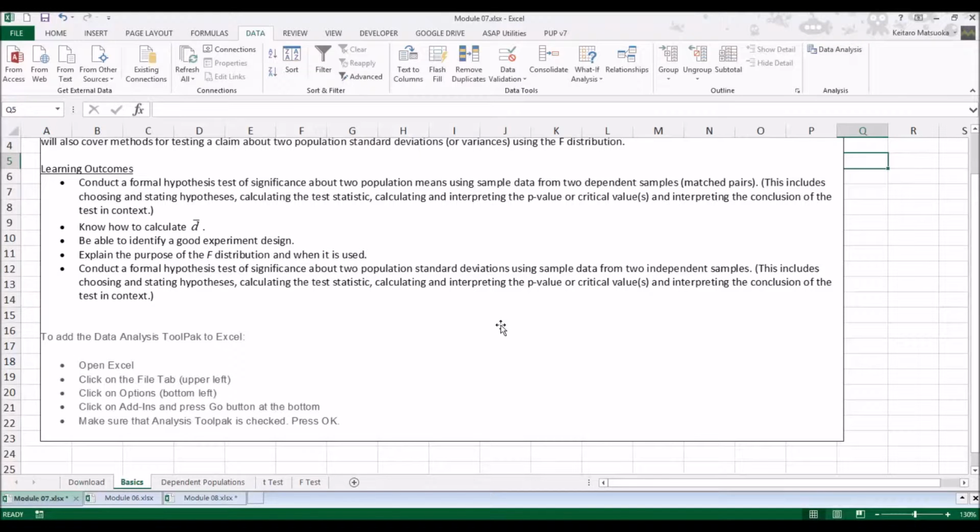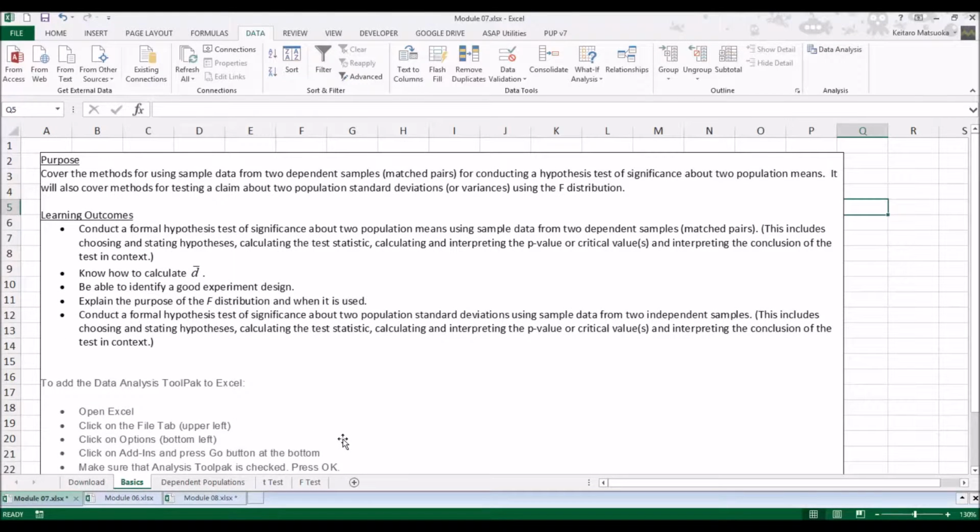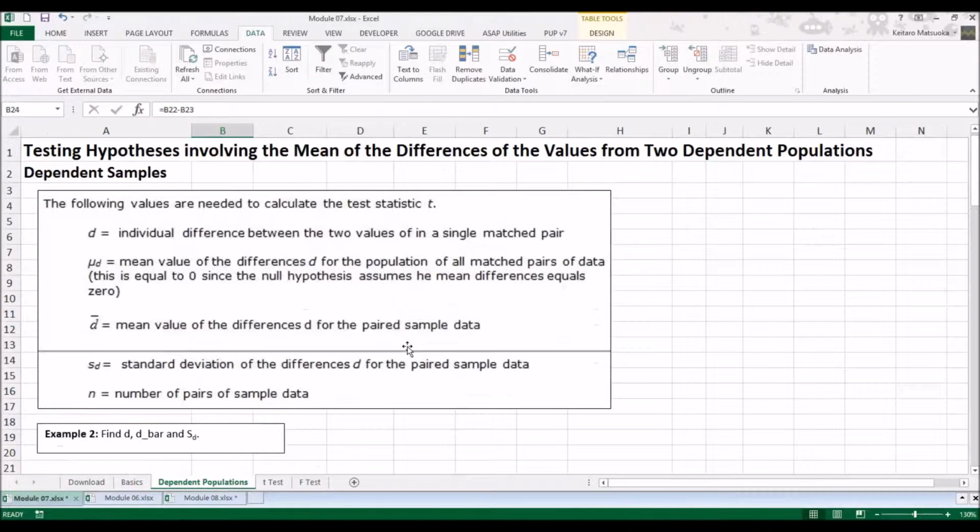Once you get that, let's move on to dependent populations. Use this tab if the problem you're seeing in the quiz or the homework involves testing a hypothesis about the mean of the differences of the values from two dependent populations. To do so, you need to figure out some values.